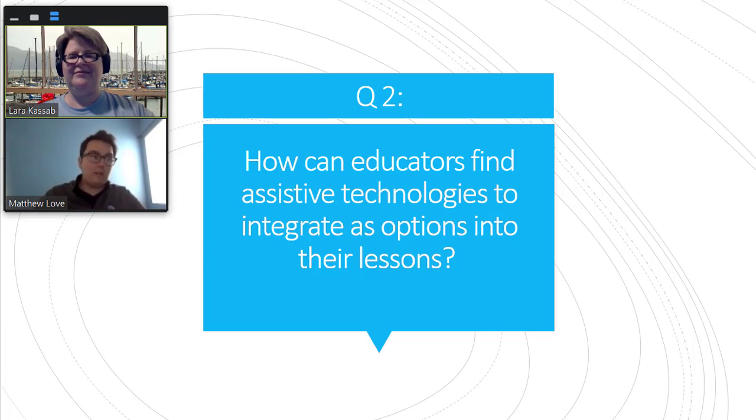So the cool thing with assistive technology is, like we said, we use it all the time without even knowing it. So a lot of tools have built-in options. So whether it's a desktop computer, a smartphone, or a mobile device like a laptop, there's accessibility options built into that.